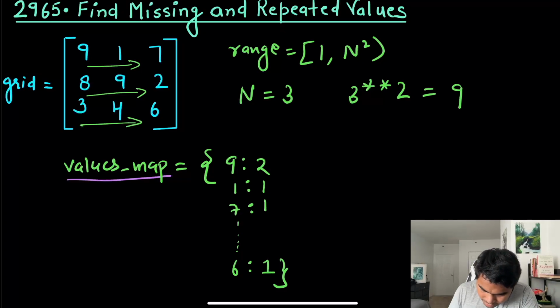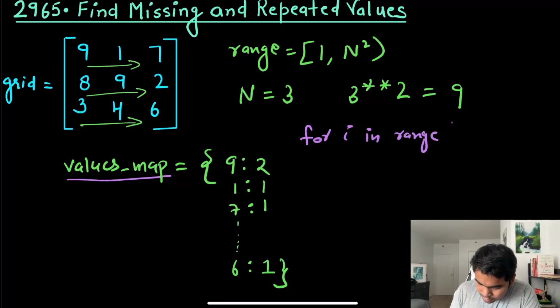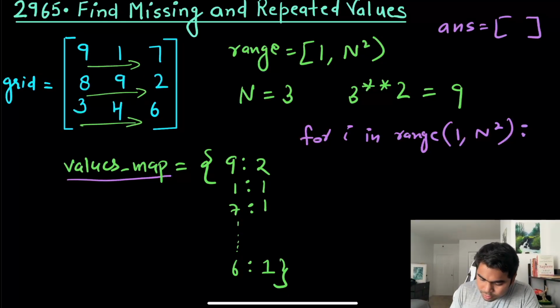So I will basically go over a loop. So for i in range from 1 to n square, I can just say n square. I will have an answer variable of size 2, and in this I will store.